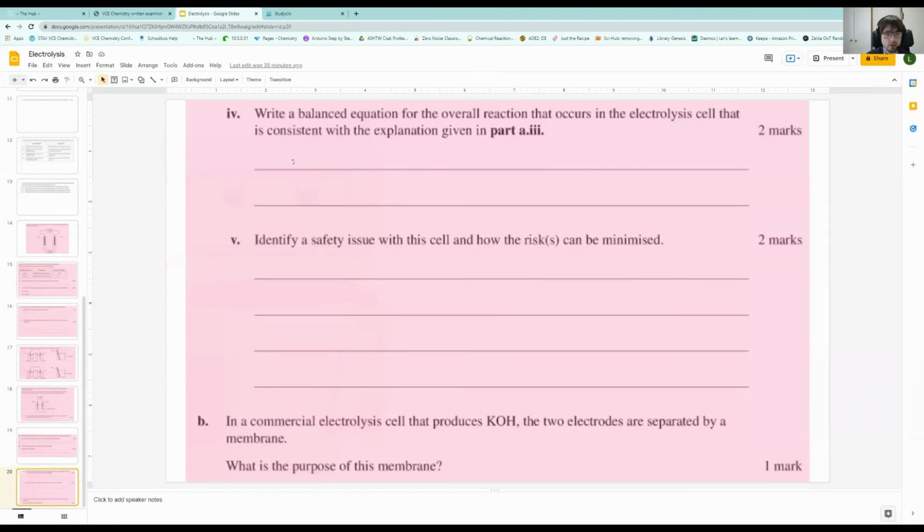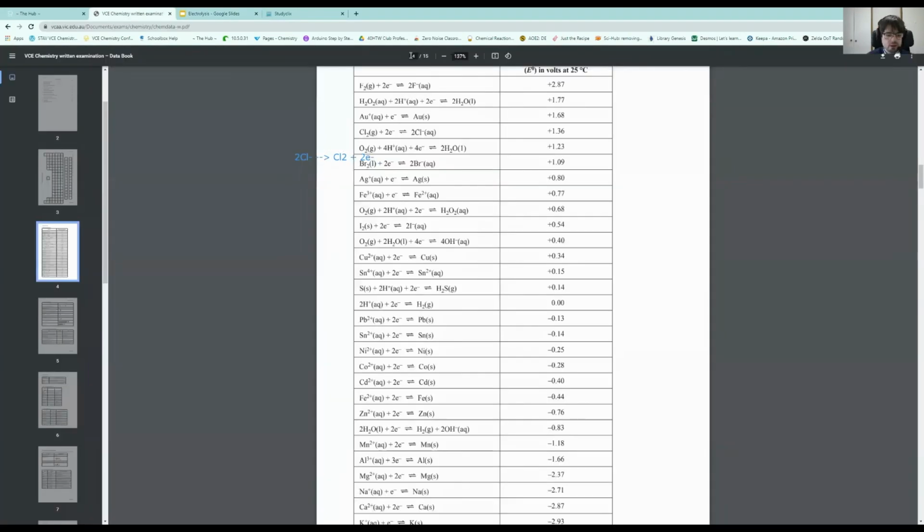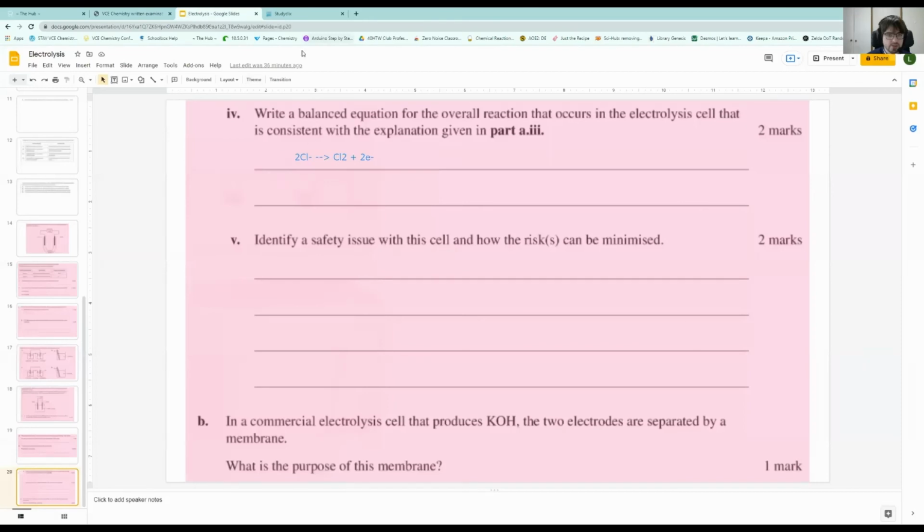So again, we've done this one before, I'll just go ahead and slap it in here. Chlorine gas plus 2 electrons. And at the other end, we have the reduction of water. So it'll be water goes to hydrogen gas and hydroxide.